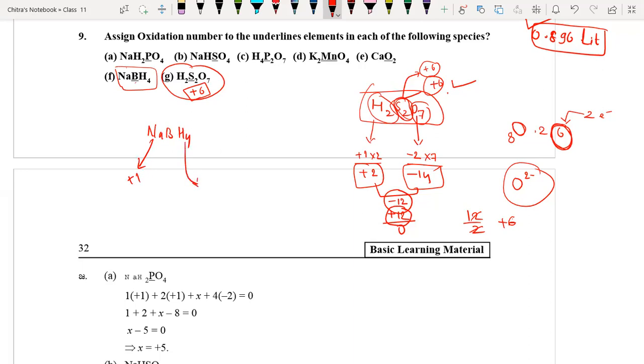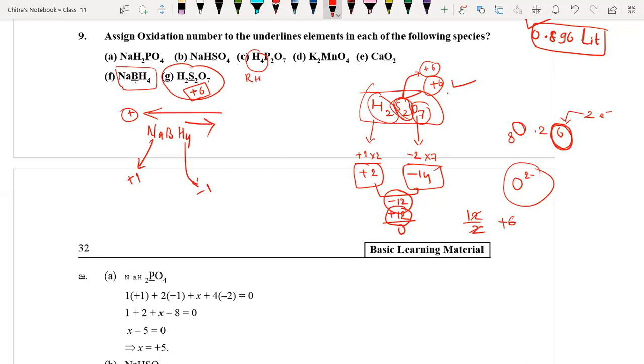If hydrogen is present on the extreme right side, then the charge on hydrogen will be -1. If hydrogen is present on the extreme left side, then it will have positive charge. Here we have hydrogen on the extreme right hand side.